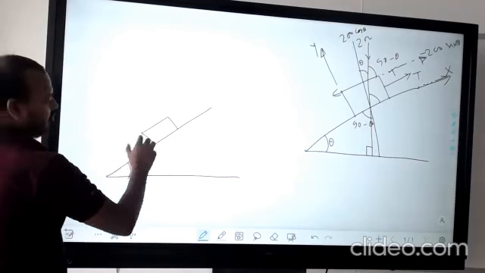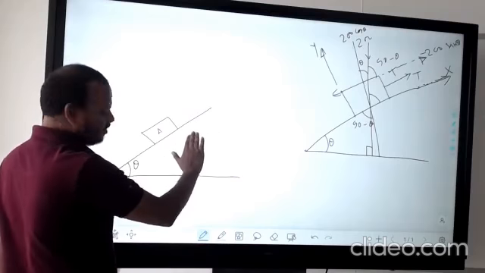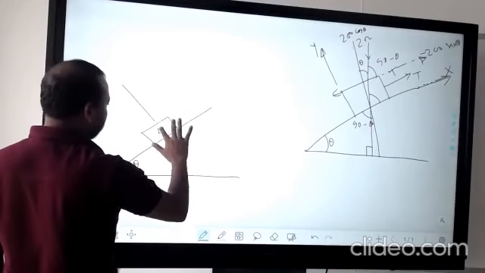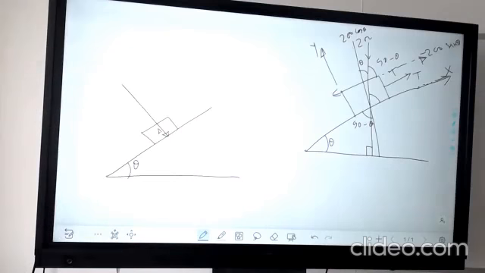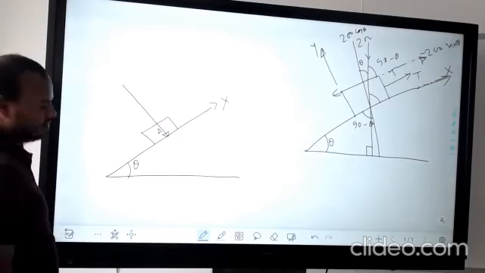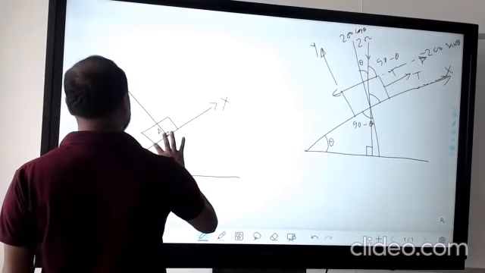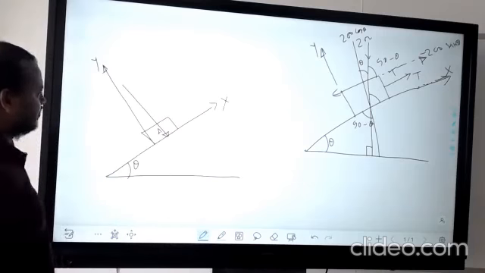Okay. So this is the block, and this block is resting on this surface. So its weight will act in the perpendicular direction. We are taking this as the x-axis. So we will also have another y-axis. That will be your y-axis.